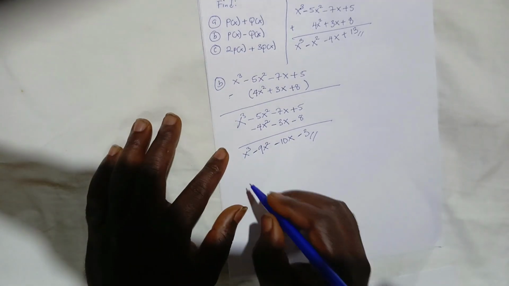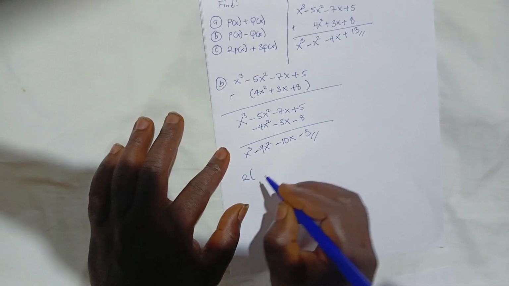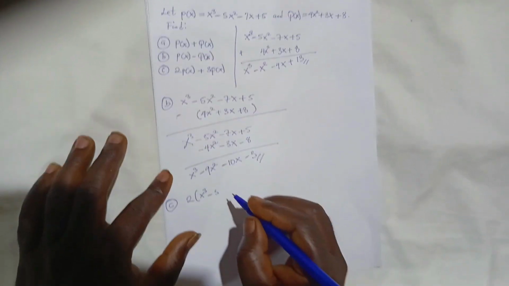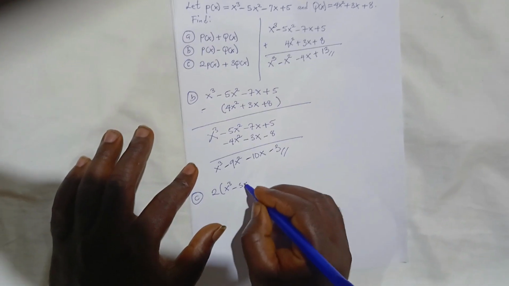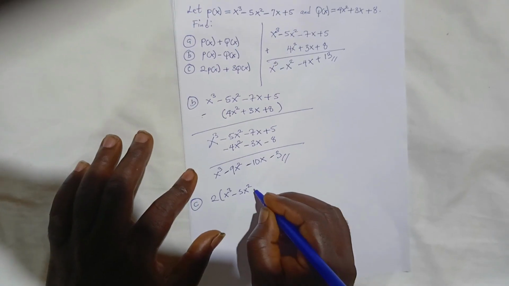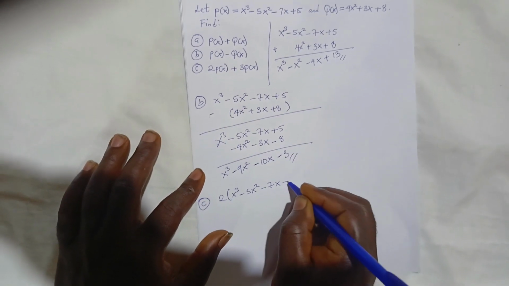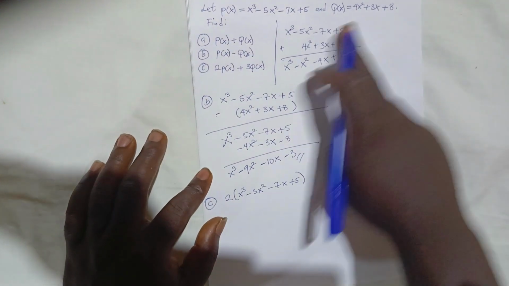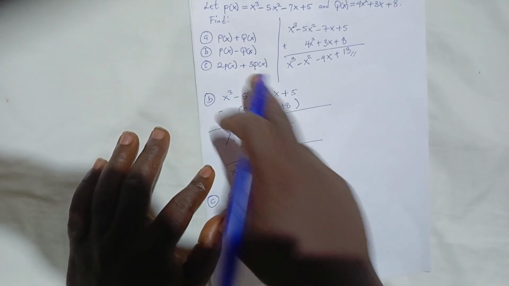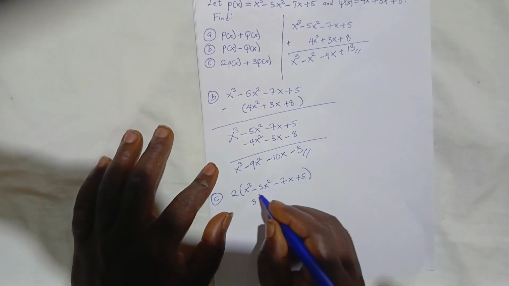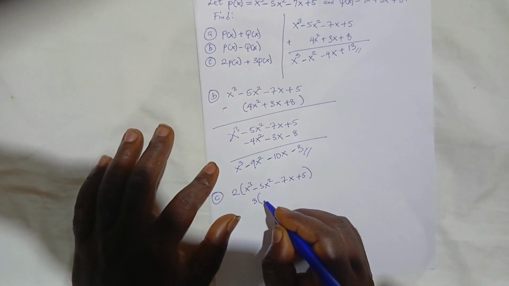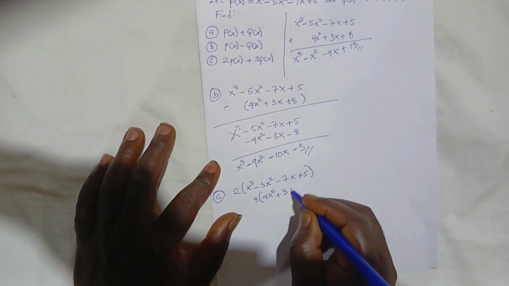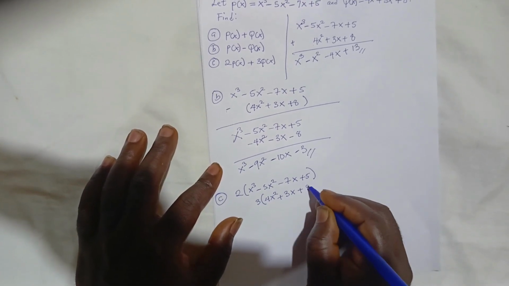We're going to have 2 times x cubed minus 5x squared minus 7x plus 5. Now putting this one down, we're going to add the 3. We're going to multiply the 3 also by saying 3 times 4x squared plus 3x plus 8.